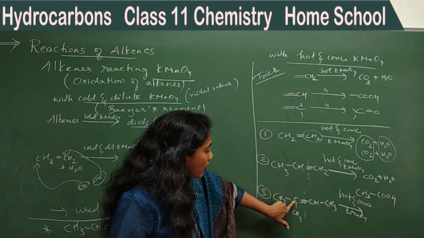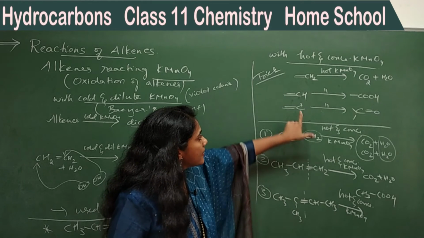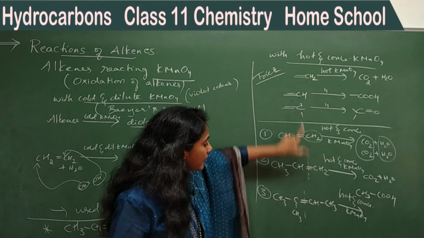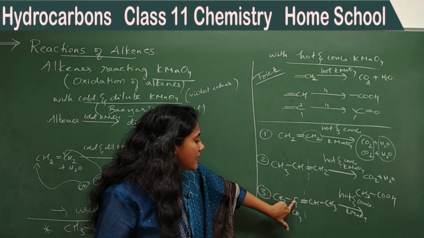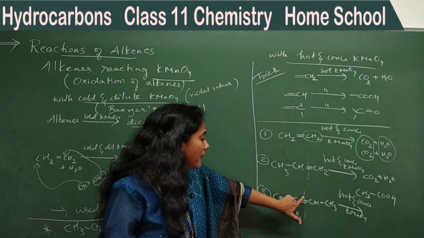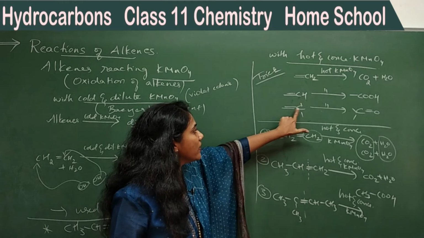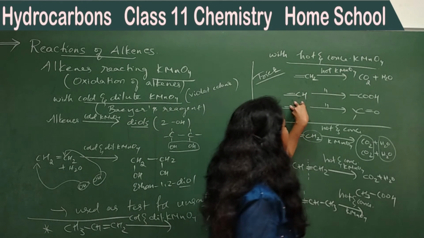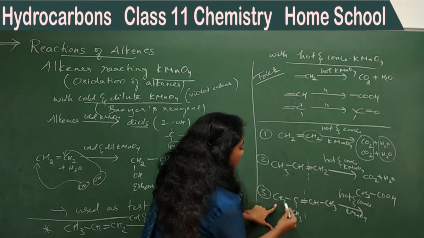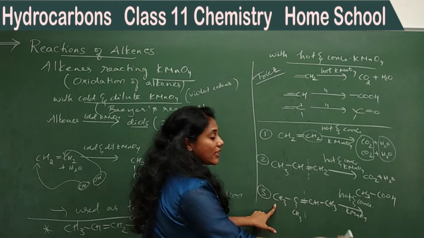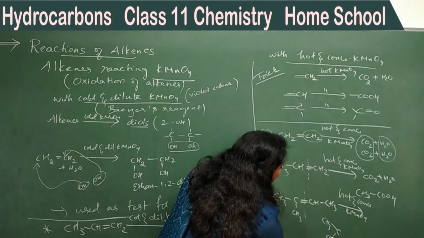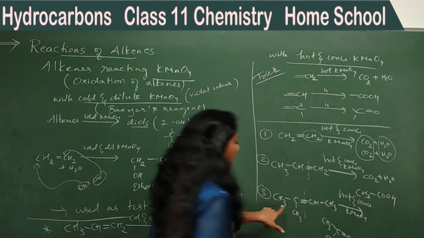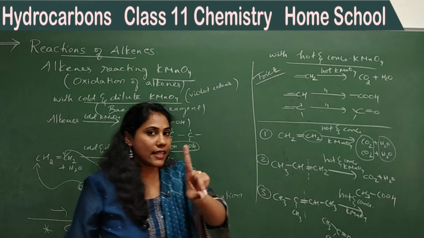What about this carbon? It has no hydrogen, but it has a double bond. With no hydrogen on the double-bonded carbon, it gets converted into a ketone group. These two CH3s remain as they are. So acetone you will get as one product.